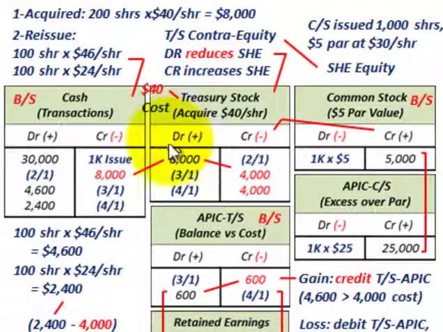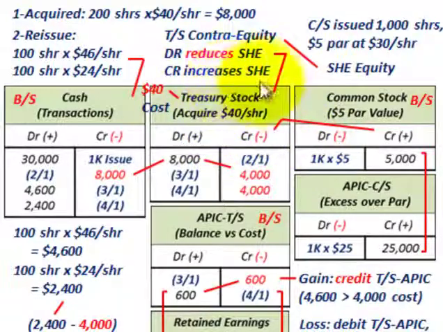Debits to treasury stock, which are actually a plus on our treasury stock, reduce our shareholders' equity. You can see your treasury stock has a debit as an increase, but if you compare it to a common stock equity account, a debit would be a minus. So that's what we mean by contra-equity. Any increases in our treasury stock actually reduce our shareholders' equity, and we can look at that further.